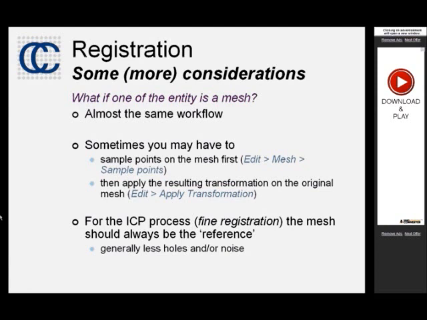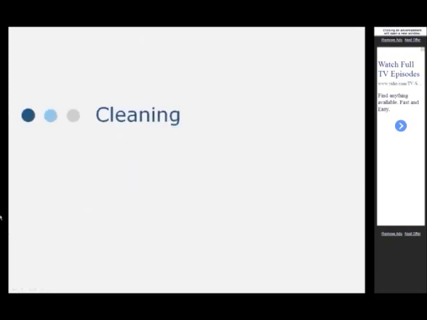And to finish about the registration of a mesh with the cloud, for the ICP process, you can directly use the mesh, but it's generally a good idea to use it as the reference, because meshes are less noisy and generally have no noise.